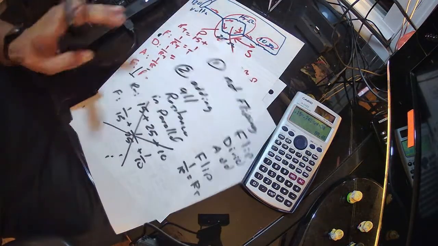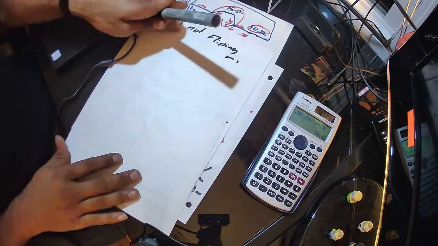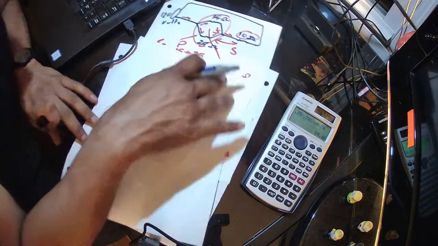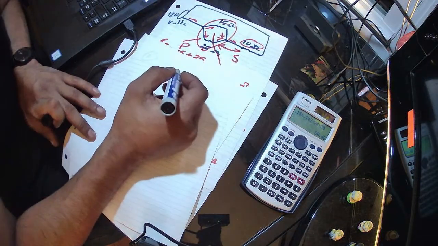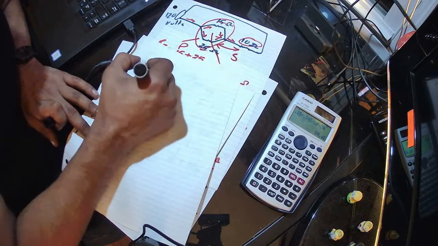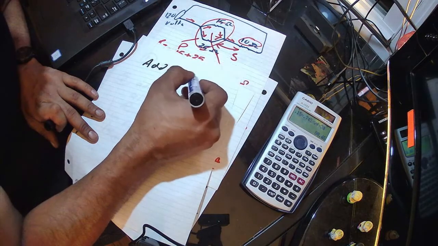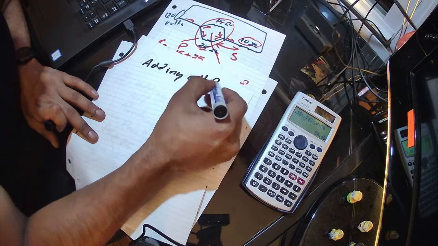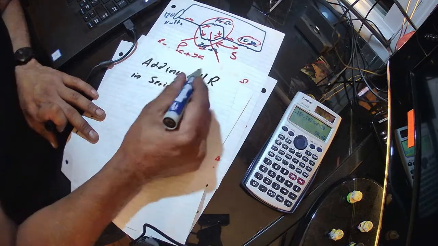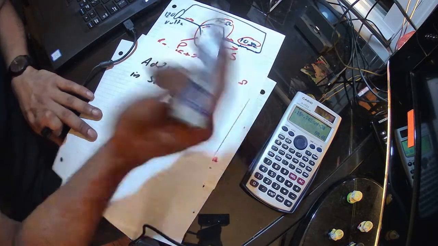Third common mistake is people will look at this circuit, for example, and add all resistances in series. I have seen that before. You do not add those all in series, it's only 2 in series.